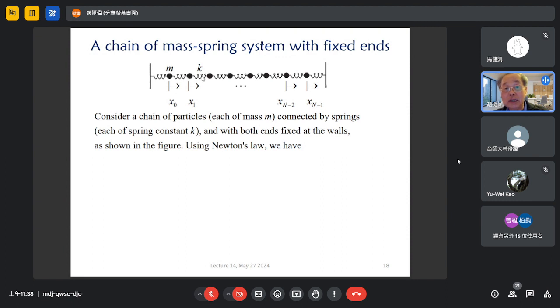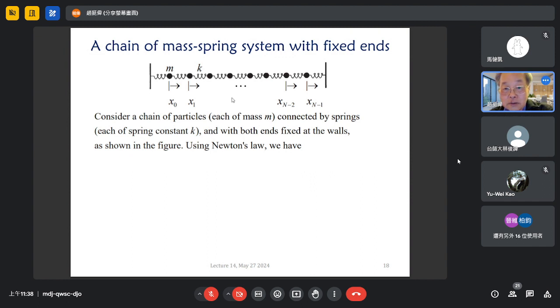But numerically, you can solve this problem for any mass distribution. They can have different masses, and the spring constants can also be different, and numerically you can still solve the problem.